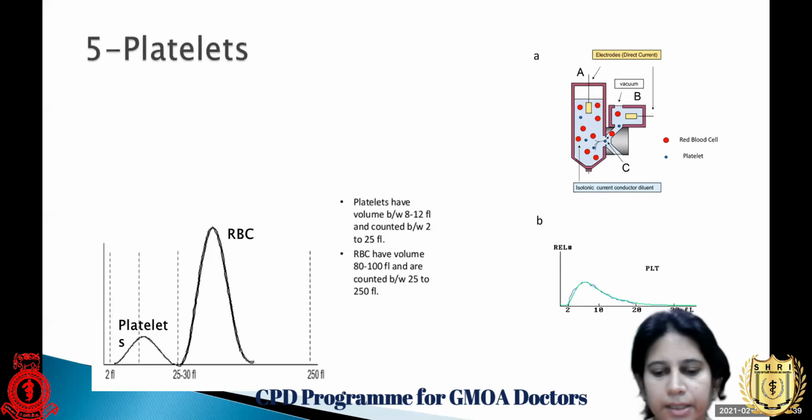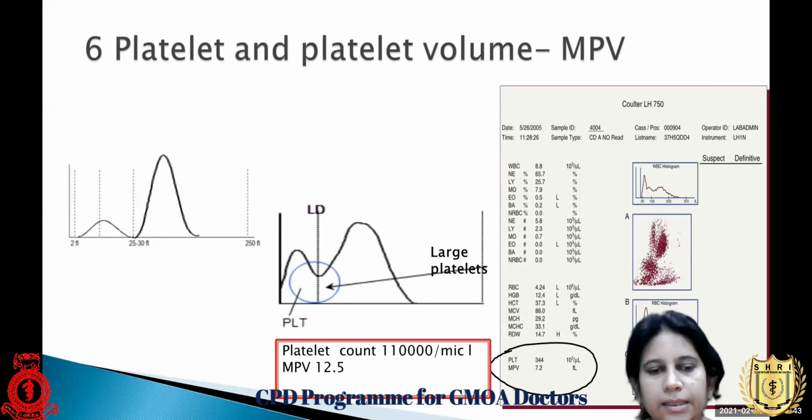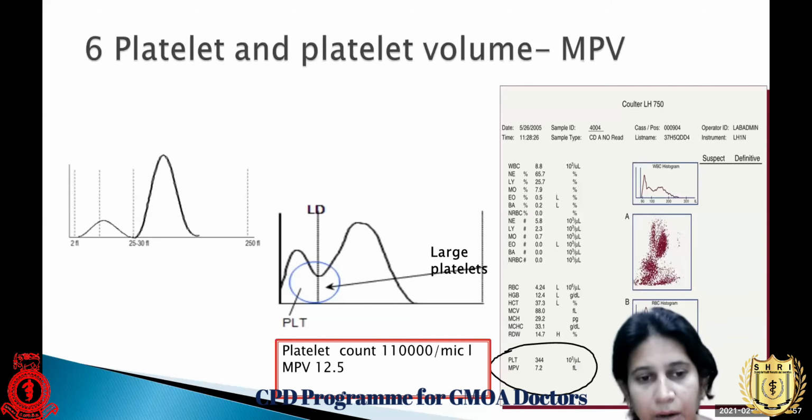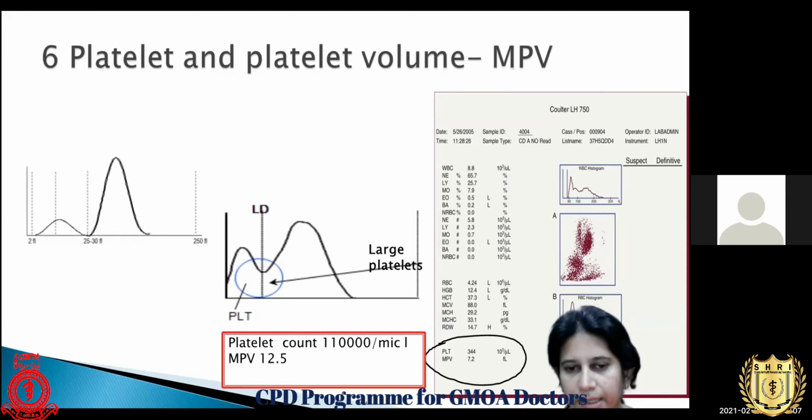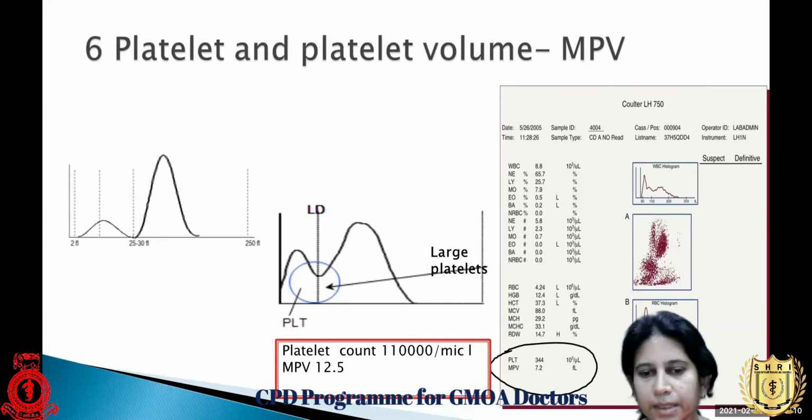So what will happen if you have large platelets? Like in this picture, some of your platelets will be counted as RBC. So RBC will not get affected because you have a huge amount of RBCs, but your platelet count will drop because of these large platelets. So that is why it's important when you are checking platelet count, always check the mean platelet volume. If you have low platelet count, always check the mean platelet volume.